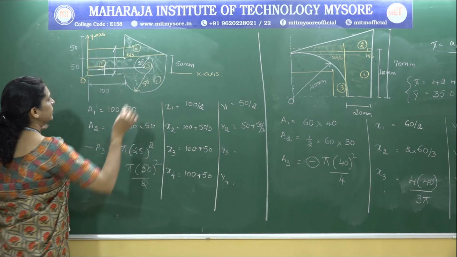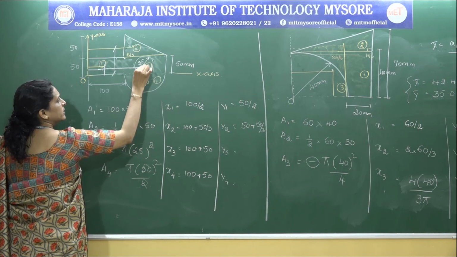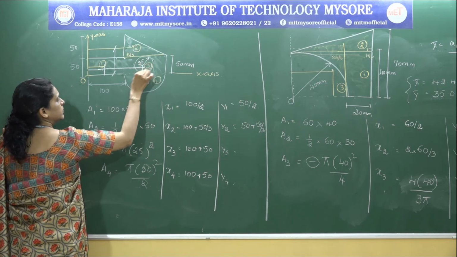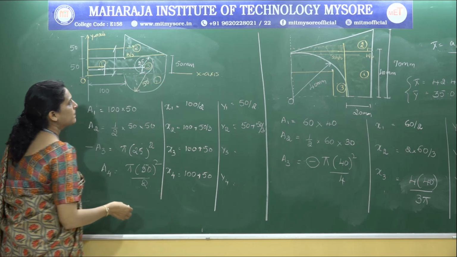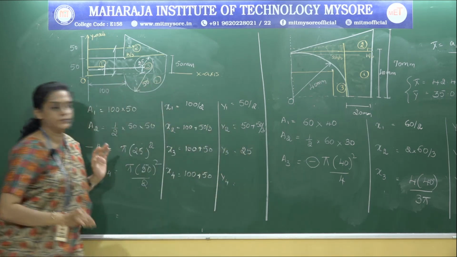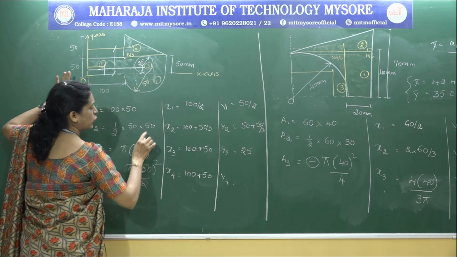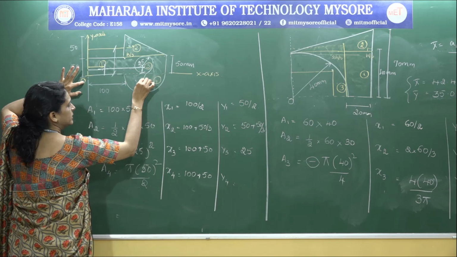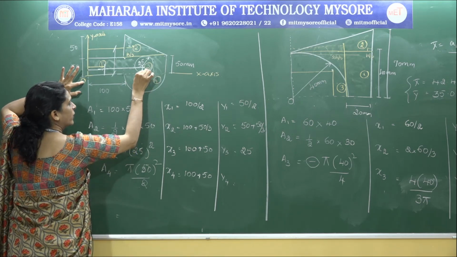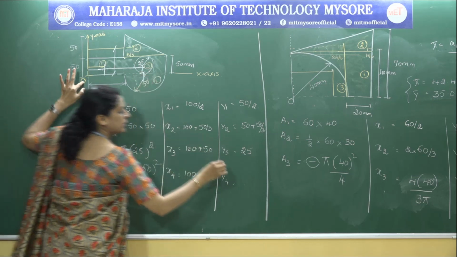Next, y3, taking x as the reference here, y3 is this point. So it is 25. Now y4 is here. From x as the reference, we will have to consider this.